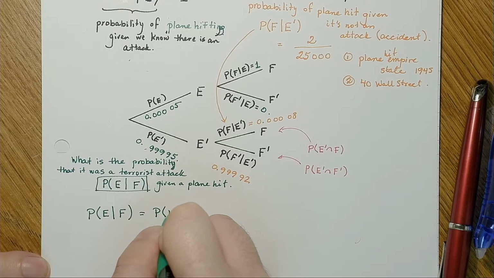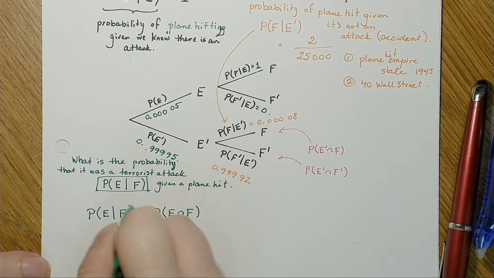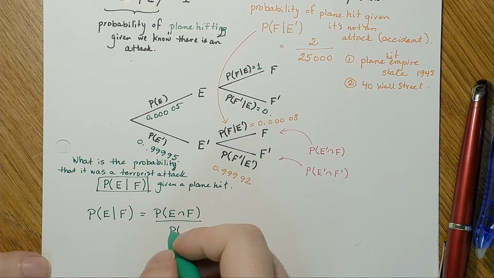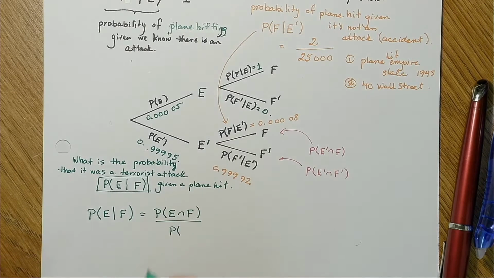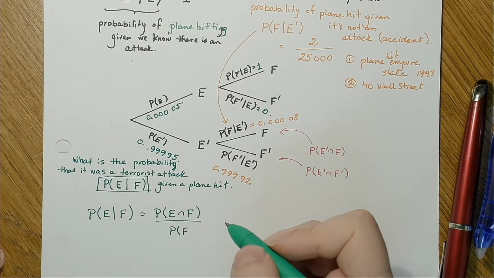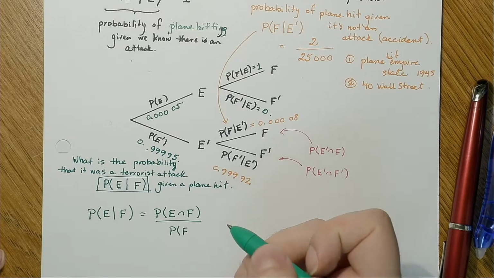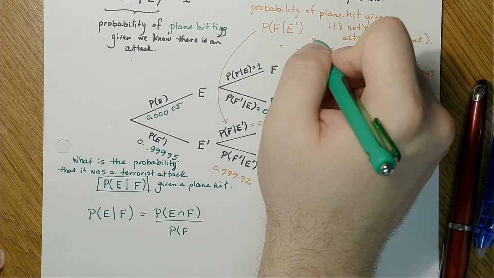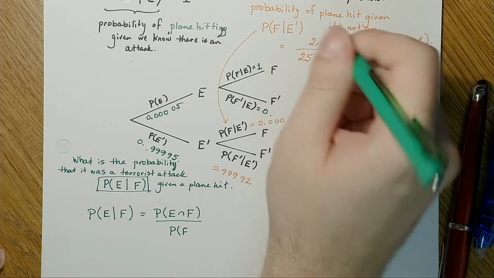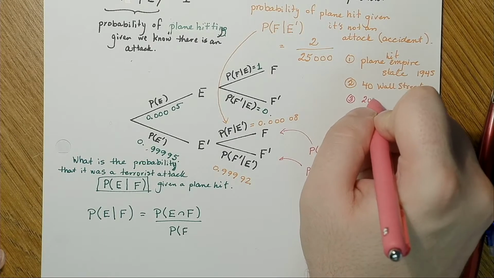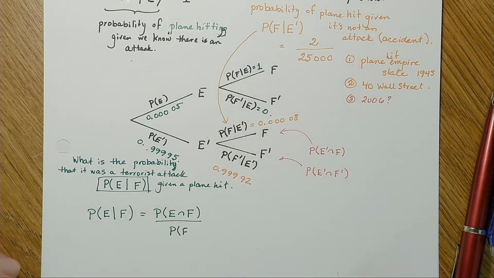It's the probability of E and F, so both of these occurring, over the probability of the given. Oh, apparently there was another incident in 2006. Okay. That's good to know. So another one in 2006. Let's update that then.